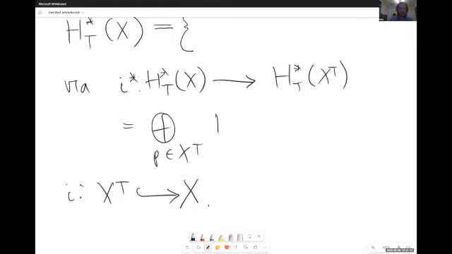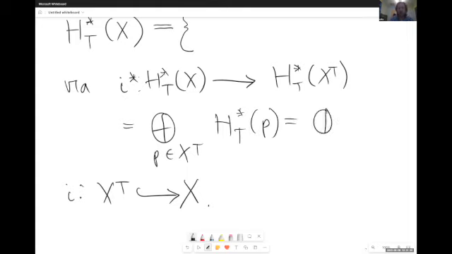So this pullback map takes H_T star of X into H_T star of the fixed point set. The fixed point set is just a union of a bunch of points, and so the right side is the same as the direct sum over all the fixed points of H_T star of a point.